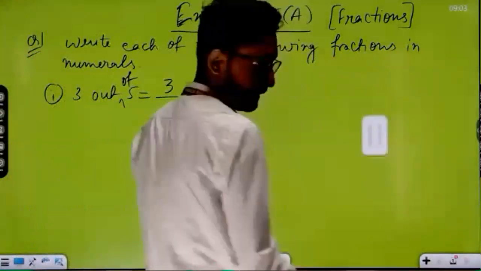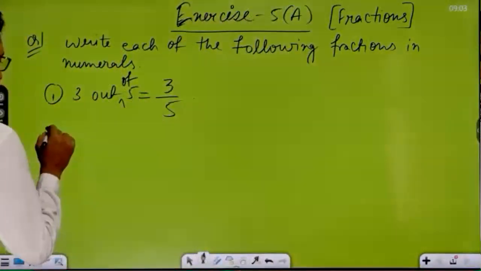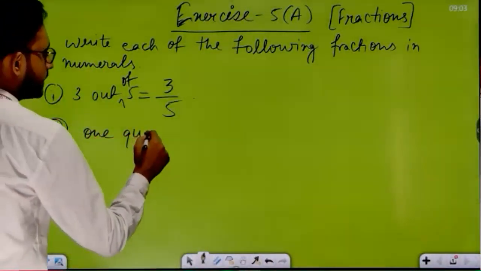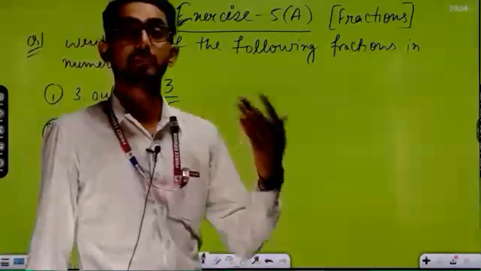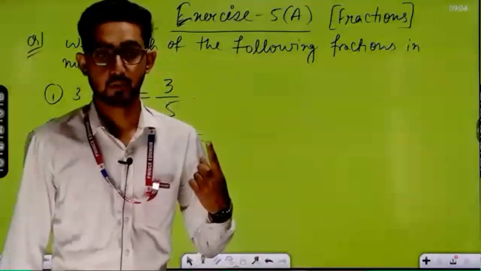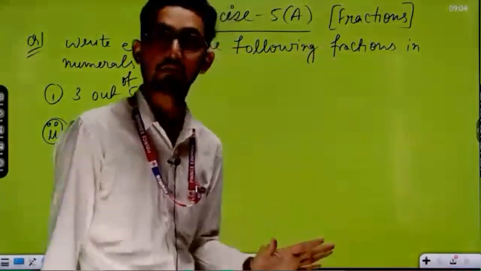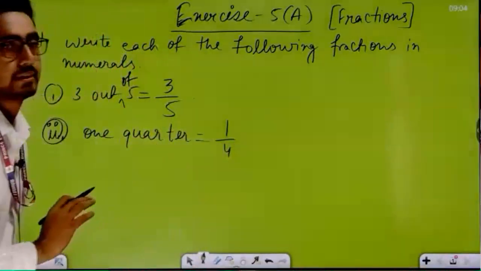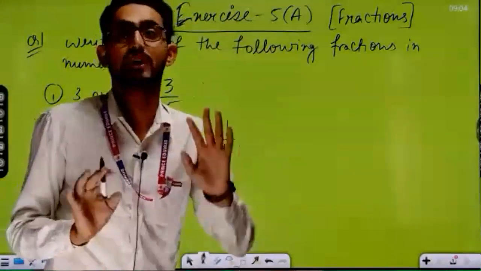Okay. Now next question. 1 quarter. Now, does anyone know what is the meaning of 1 quarter? Very simple. 1 quarter means 1/4. Out of these 4 parts, 1 part is there.